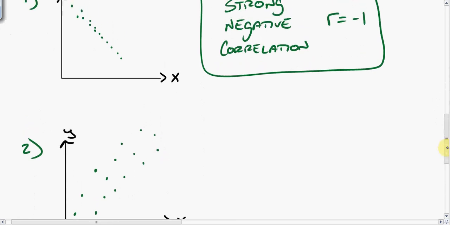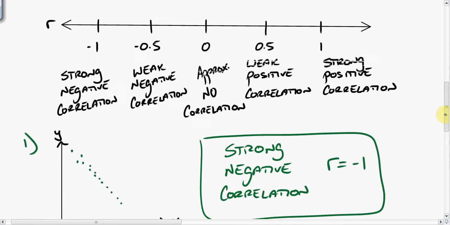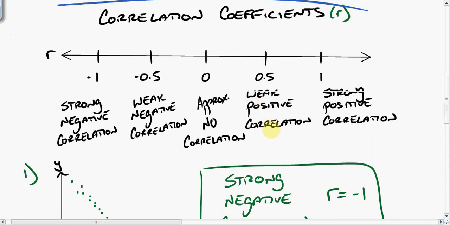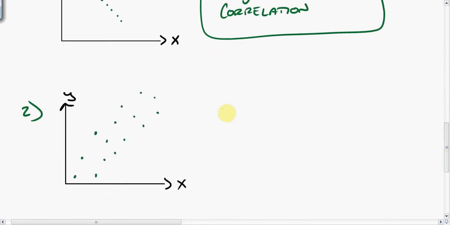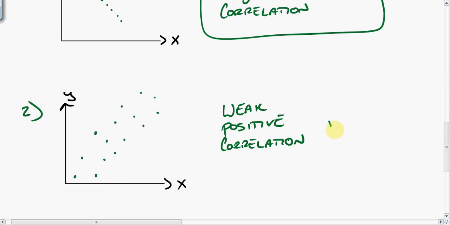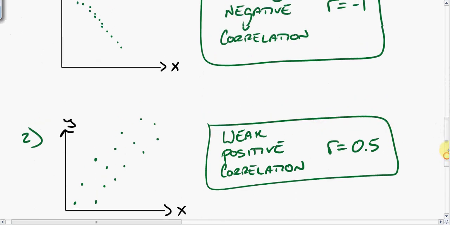So rather than saying strong positive correlation, I'm going to say it's weak positive correlation, and that's going to have a correlation coefficient value of R equals 0.5. So for number 2, we have weak positive correlation. And our R value, our correlation coefficient, is positive 0.5.